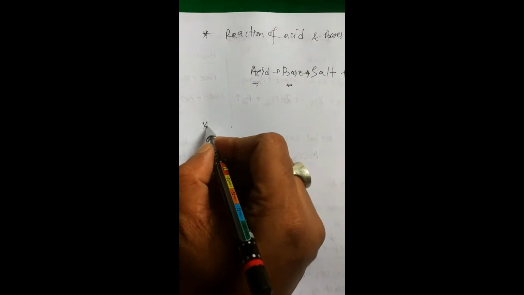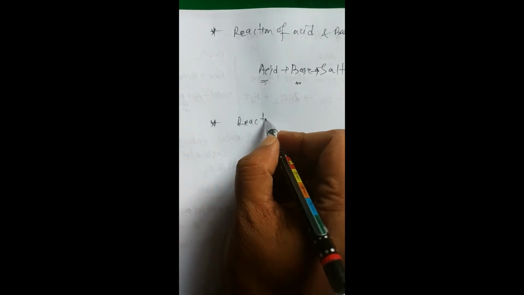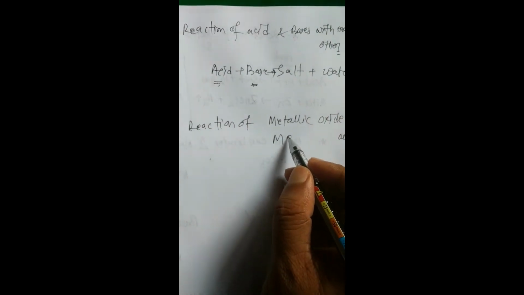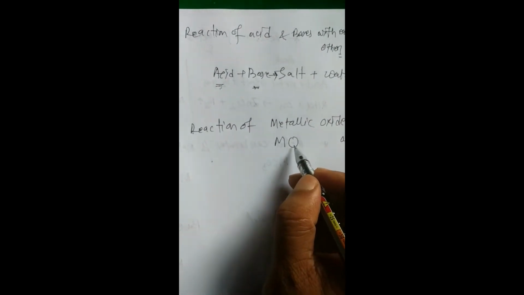Okay, so now we are discussing the reaction of metallic oxide with acid. Why not with base? Because metallic oxide, if metal is represented as M and oxide as O, then metallic oxide means MO.